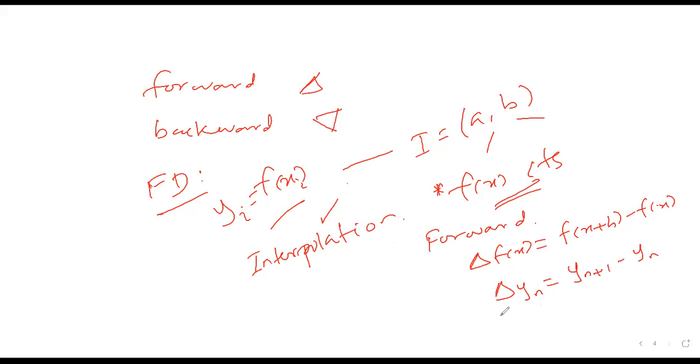So what about delta squared? Let me continue on the next page. So delta f(x) equals f(x plus h) minus f(x). Let's see what the second delta is.